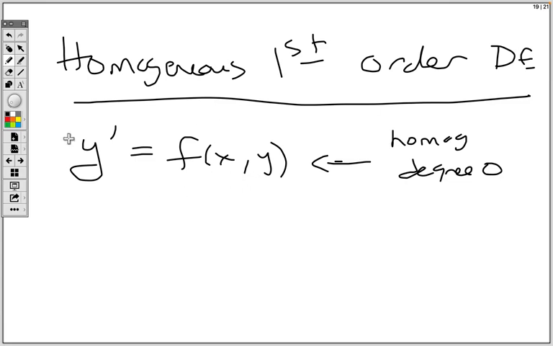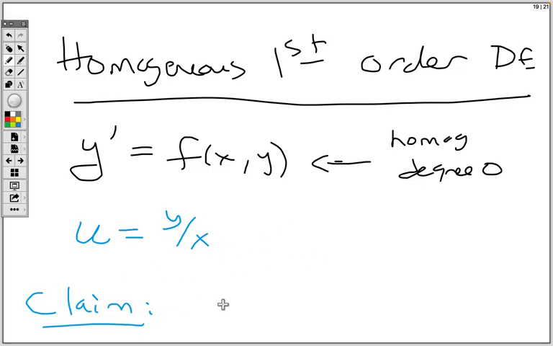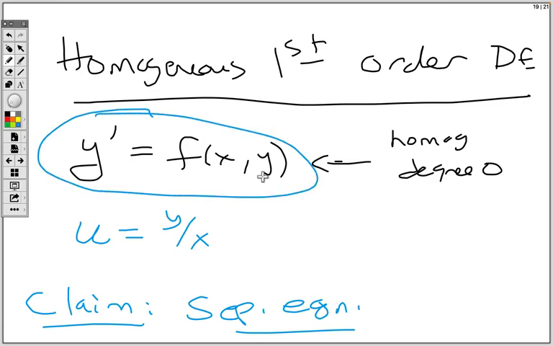This is degree 0. And what happens is, if I let u be y over x, the claim is that when I do this substitution, this is always going to result in a separable equation. So if you have a nonlinear equation and you find that it's not separable, if you write it into this standard form and you notice that the function is homogeneous of degree 0, then you can change this into a separable equation.